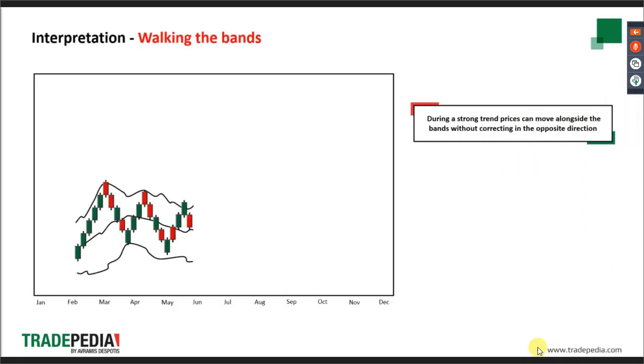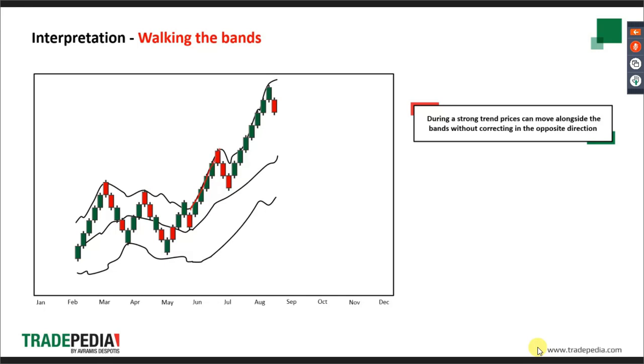So another interpretation, we have walking the bands. During a strong trend, prices can move alongside the upper or lower band with many touches without going the opposite direction. So it may just do this, especially when there's big news and everything is running one direction.